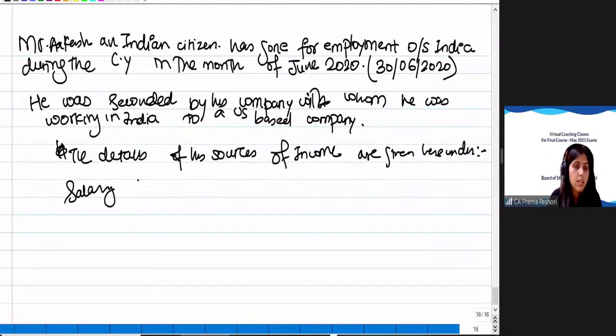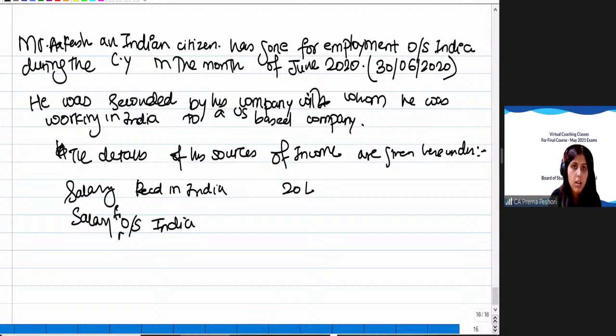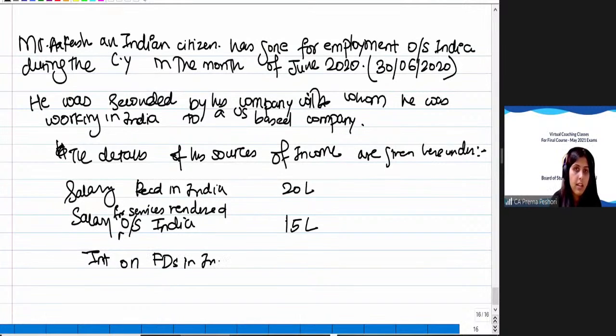Salary received in India: 20 lakhs. Salary outside India, or salary for services rendered outside India: 15 lakh. Interest on FDs in India: 1 lakh.